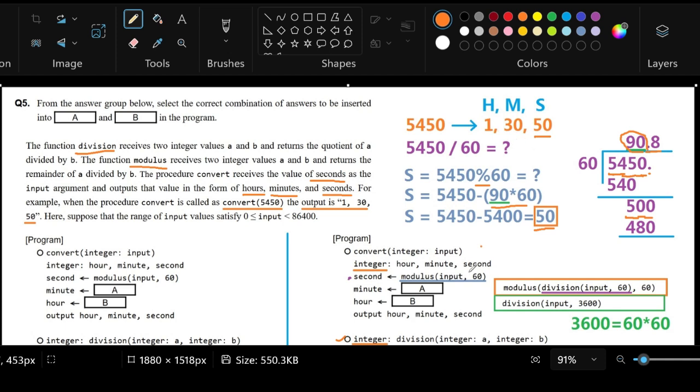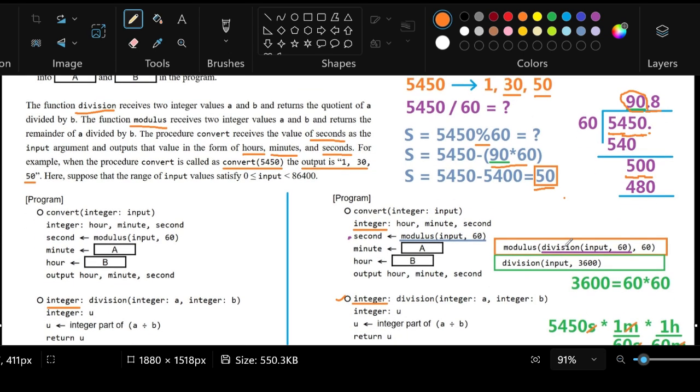And for minute, we know that the answer should be 30. The question now is, which among the choices would give us 30? And I chose modulus here and then division here. And I think the reason why we can do that is because if you remember, when we were doing the division, the output is 90, right?